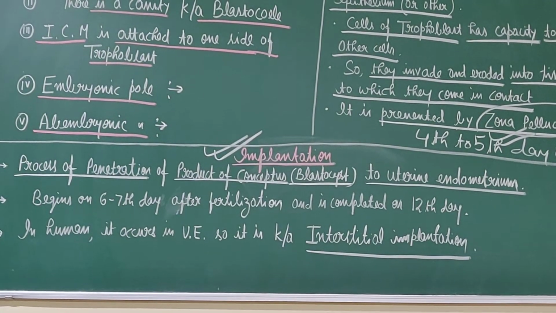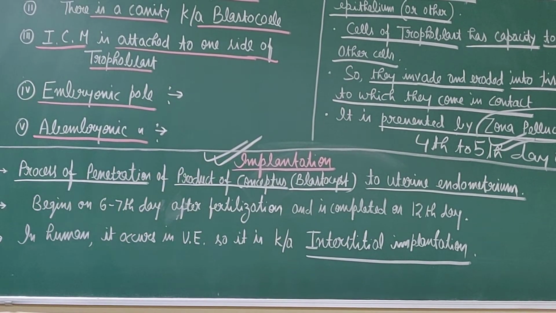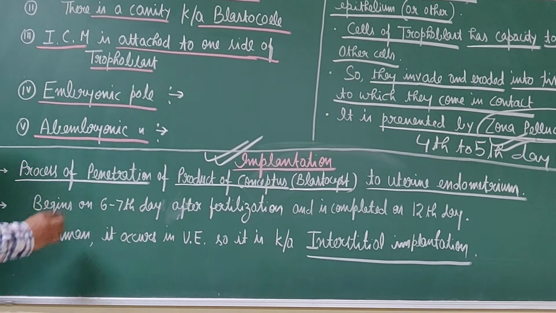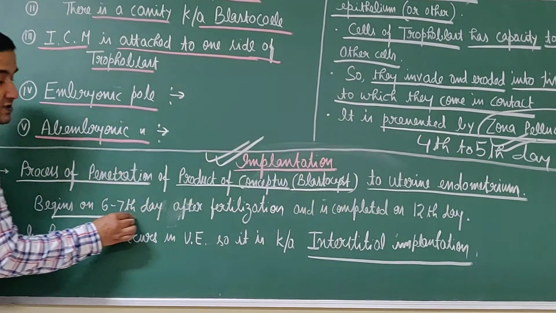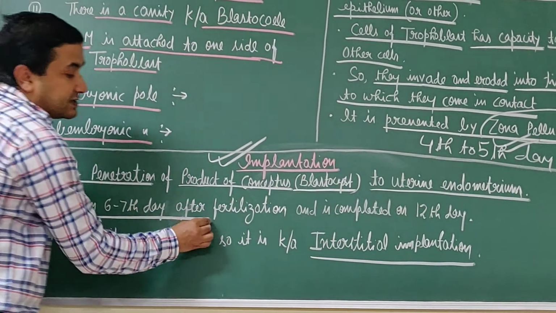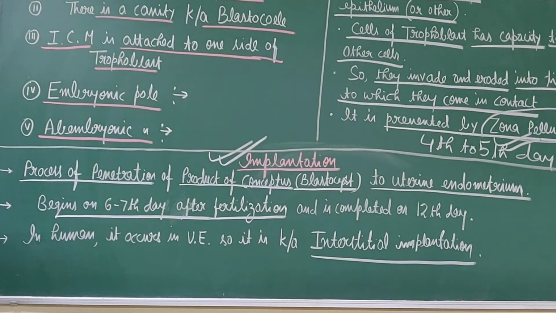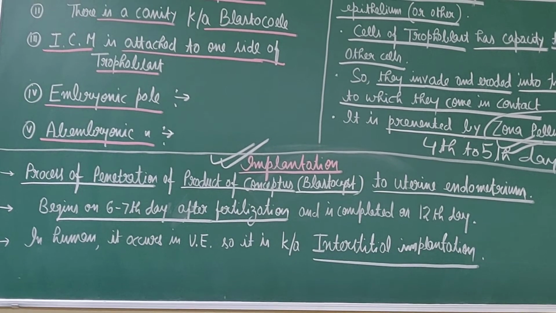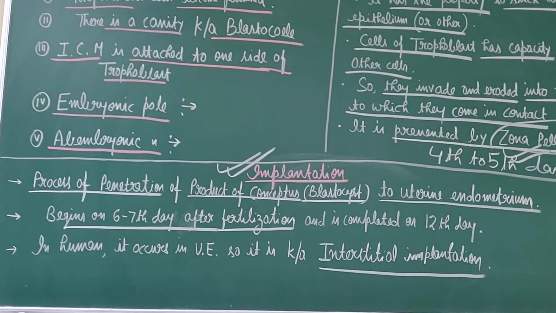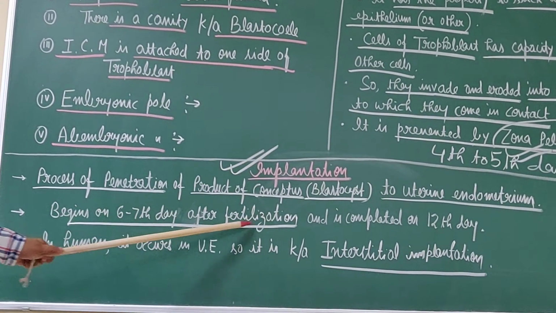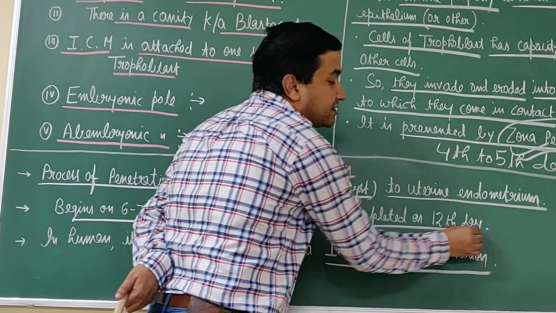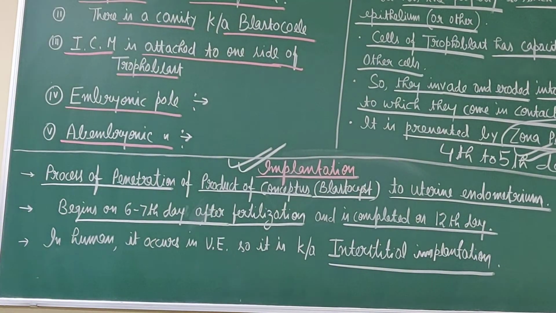This is known as implantation, and it begins on the 6th to 7th day after fertilization, that is at the end of the first week of development, and is completed on the 12th day.